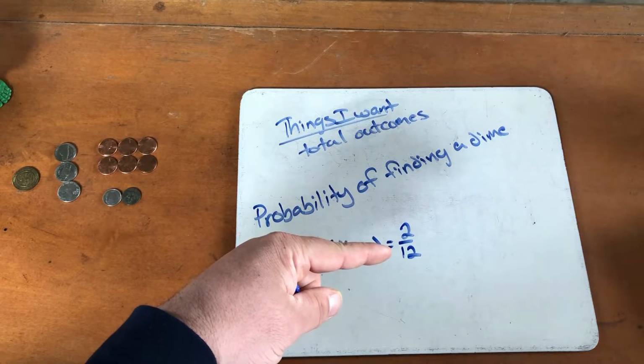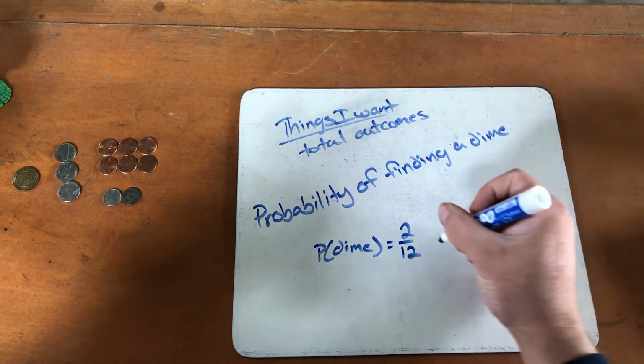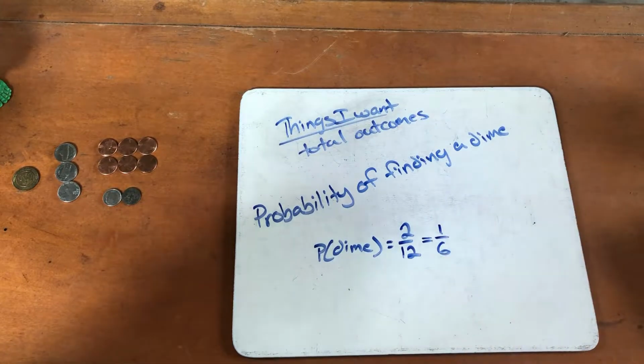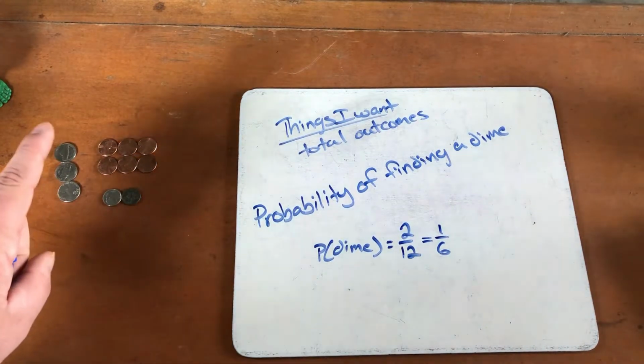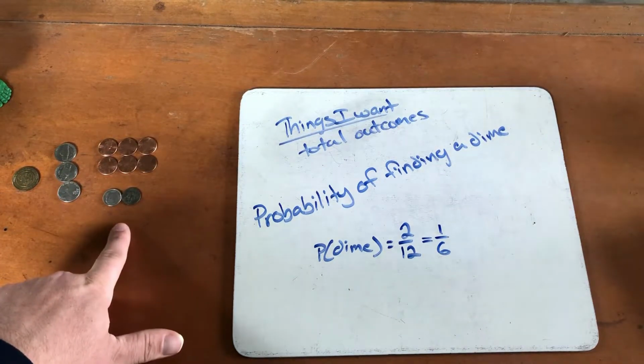The greatest common factor of 2 and 12 is 2, which means this simplifies to 1 over 6. I have a 1 out of 6 chance of randomly selecting a dime.